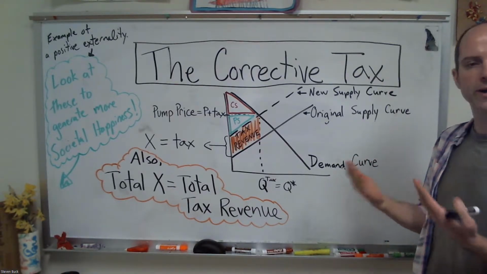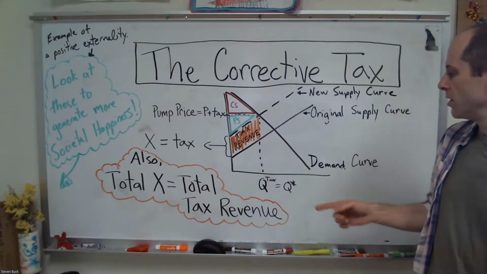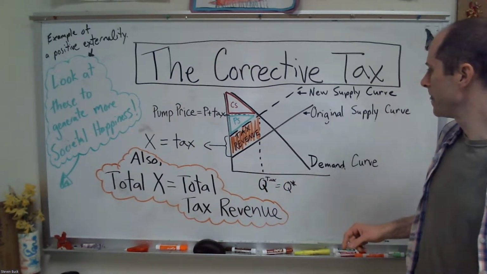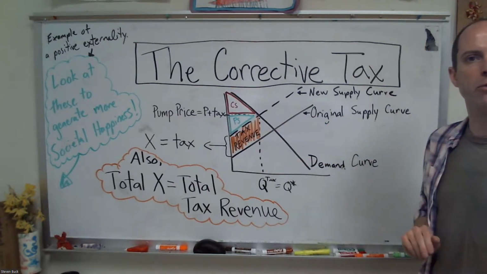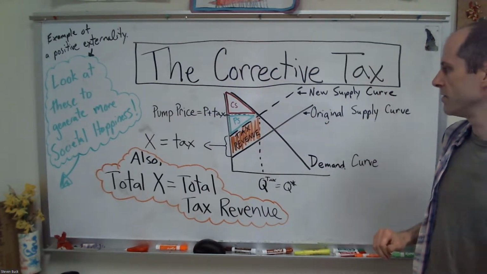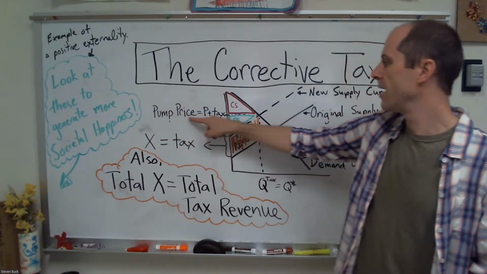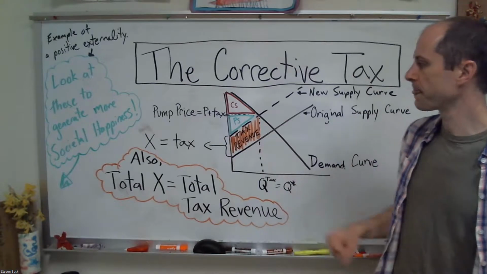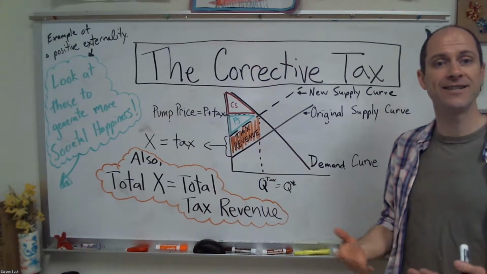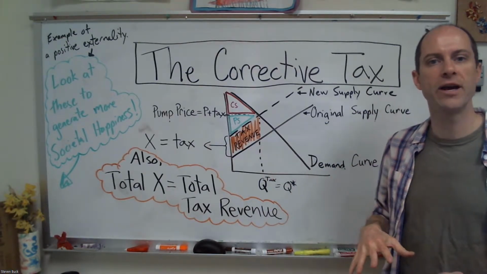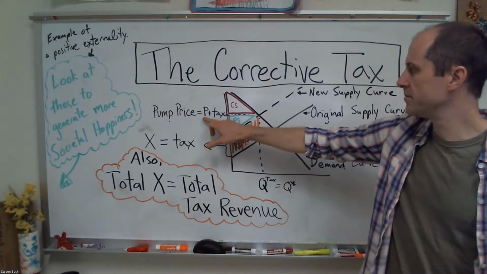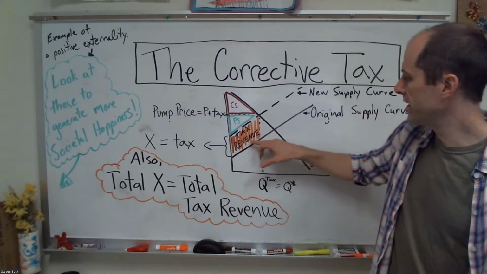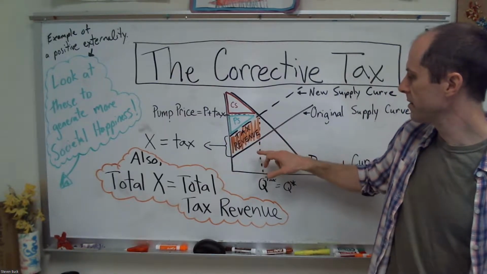Consumer surplus, we're going to calculate it the way we normally do. We look at the quantity of interest, which here is Q tax. We look at our private marginal benefit curve, which is just the demand curve. And we look at the, in this case, price paid by consumers, which is the pump price, referencing when you go to the gas station, you see a price that's already included the tax. So this is P, the price the producers receive, which is right here on the y-axis.